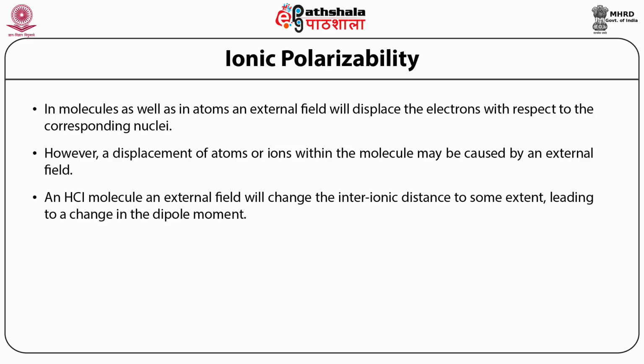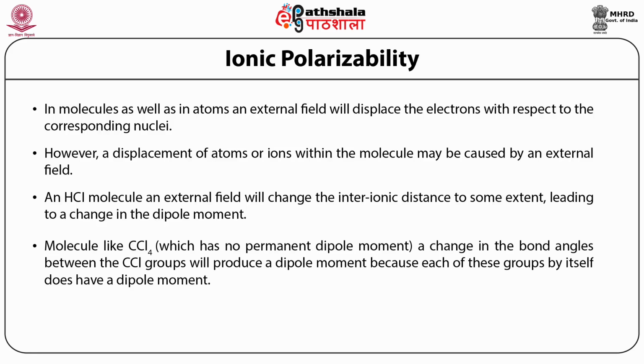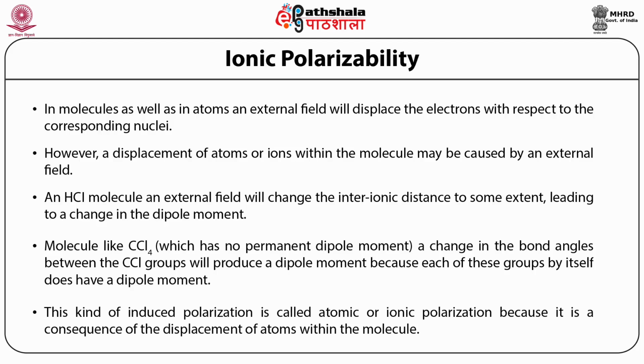Similarly, in a molecule like CCl4, which has no permanent dipole moment, a change in the bond angles between the CCl groups will produce a dipole moment, because each of these groups by itself does have a dipole moment. This kind of induced polarization is called atomic or ionic polarization, because it is a consequence of the displacement of atoms within the molecule.